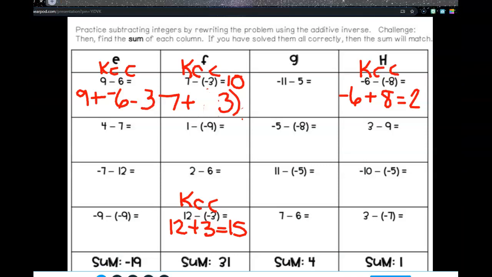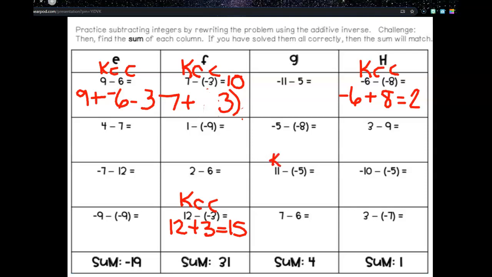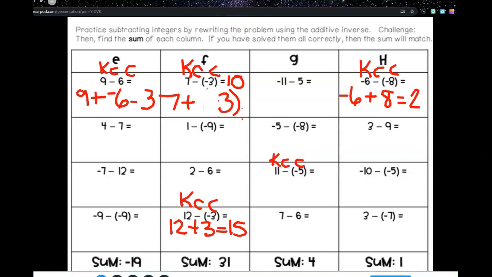All right, so okay, Lucas, what am I going to keep? I've got the 11 minus negative 5.